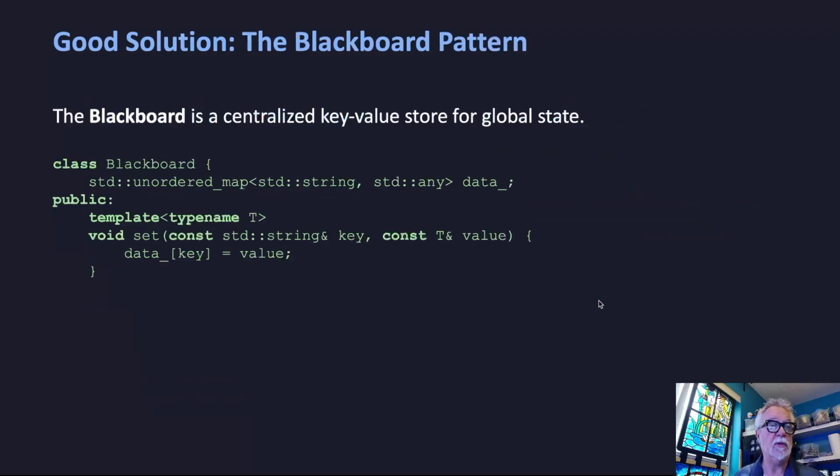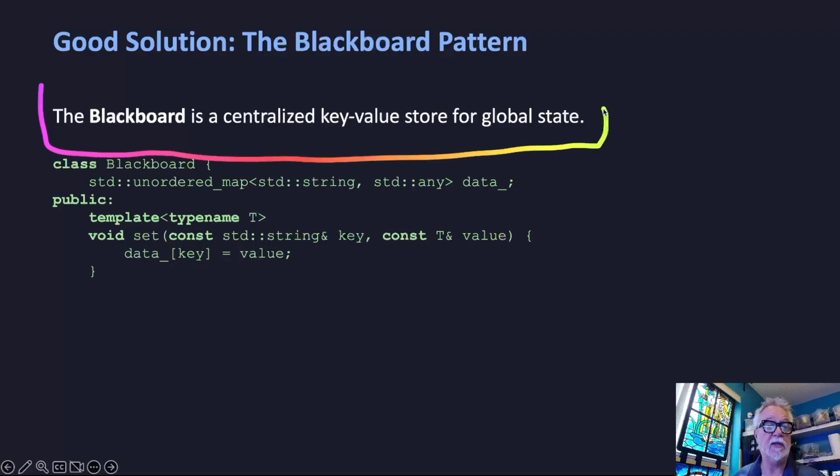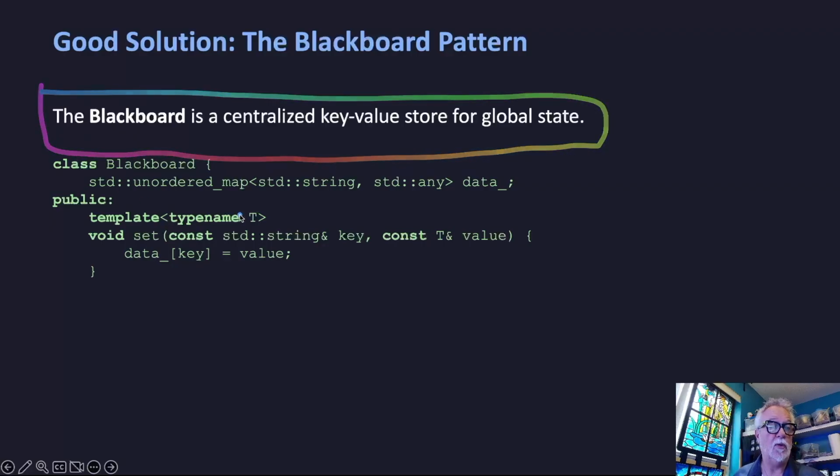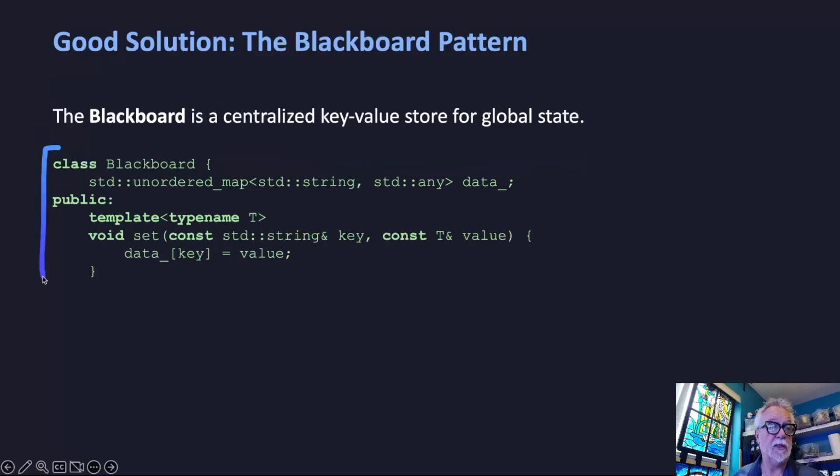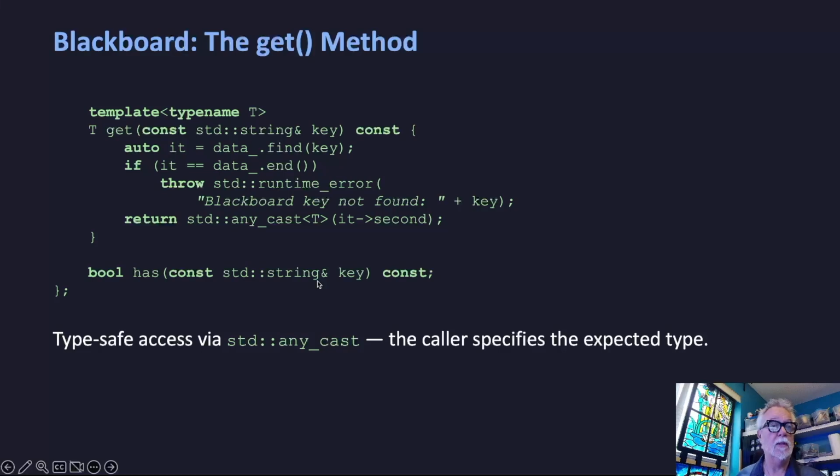So what we're going to do is we're going to create a blackboard. It's a centralized key value store, right? So we are going to have a blackboard that is going to have a map of values, and we're going to give it a set. We're going to set a value, and then get is, this is my get value.